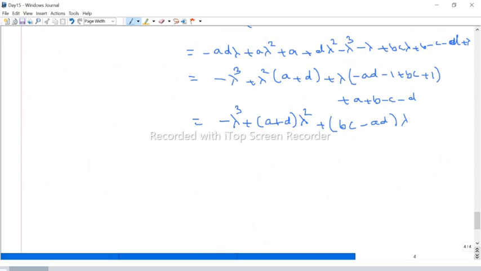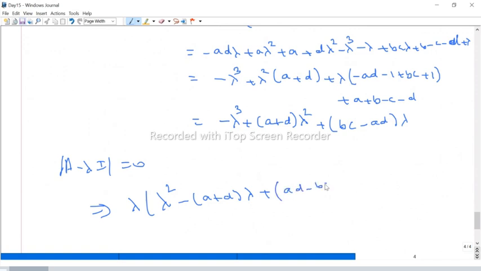So if you consider the characteristic equation, what is A minus lambda I equal to 0, implies that you can multiply minus, therefore we can take lambda outside, we get lambda square minus of (A plus D) lambda plus, sorry, minus. Otherwise plus, we can write AD minus BC equal to 0.